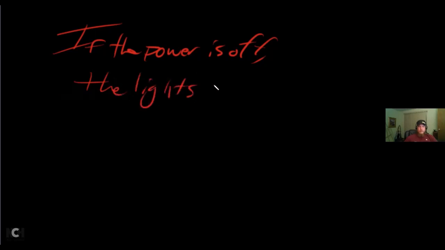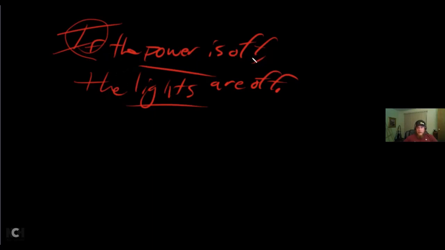If I say, if the power is off, the lights are off, that if is still letting me know this is a conditional statement, and I'm going to underline the same things. Even though there's not the word then here, the comma is doing the work of the word then. I can say, if the power is off, then the lights are off. But I might not. I might say, if the power is off, and then pause, the lights are off.